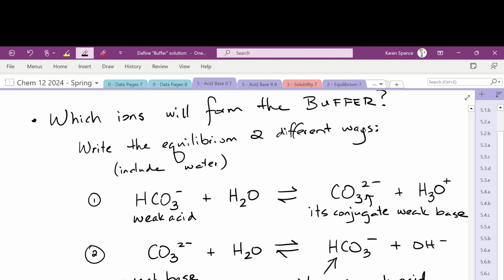And to be honest with you, there's not a lot on buffers in Chemistry 12. We're not going to do any calculations with them.